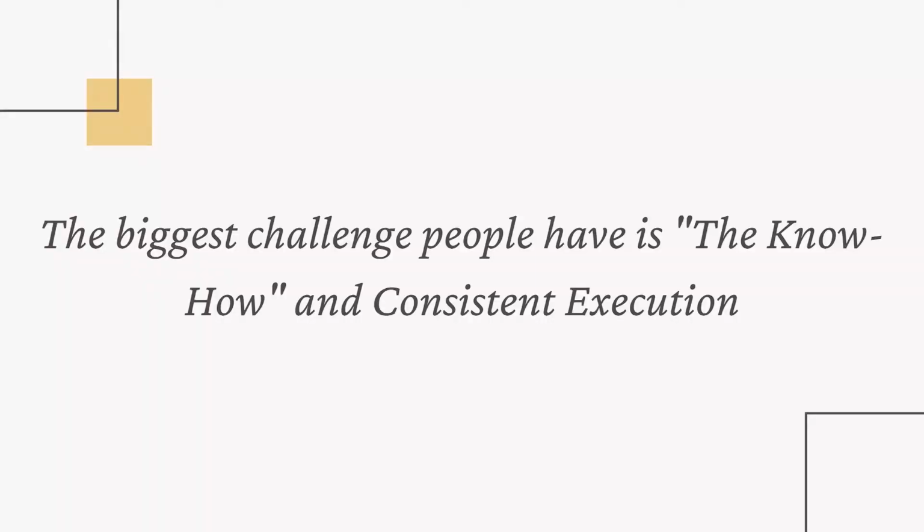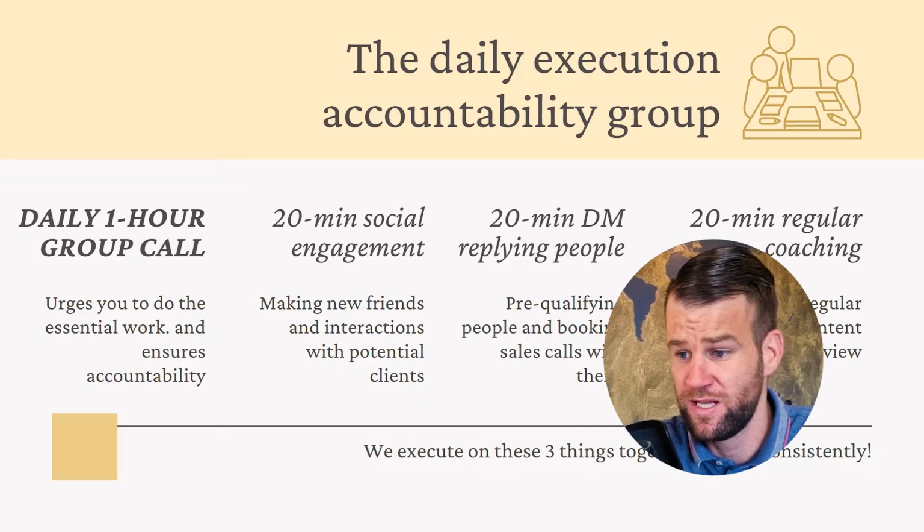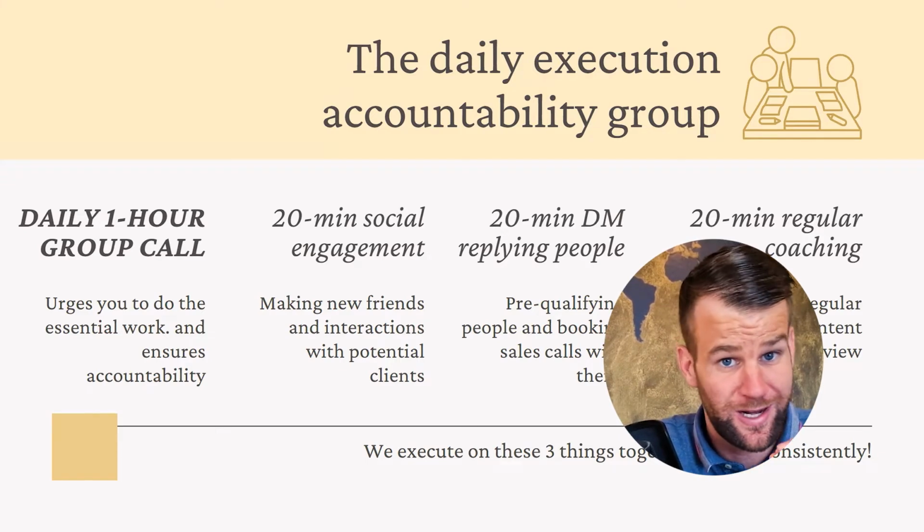Doing the work and knowing how to do the work is the biggest challenge that every starting online coach has, right? How to do it and how to be consistent with doing these 3 things that I have shared with you, right? Posting daily content piece, engaging with the people, doing DM conversations, and booking calls. So I have organized the daily execution accountability group that you can become part of.